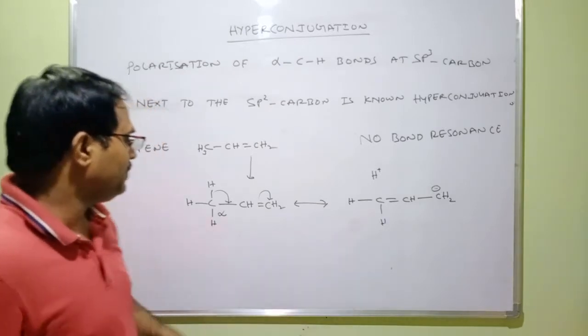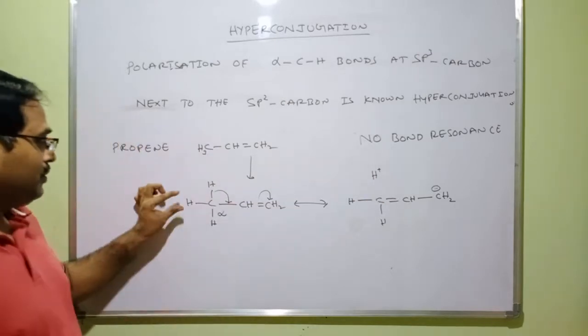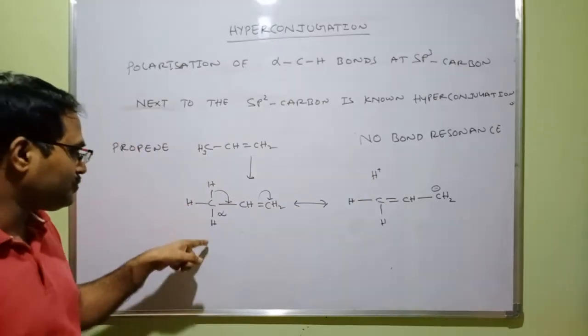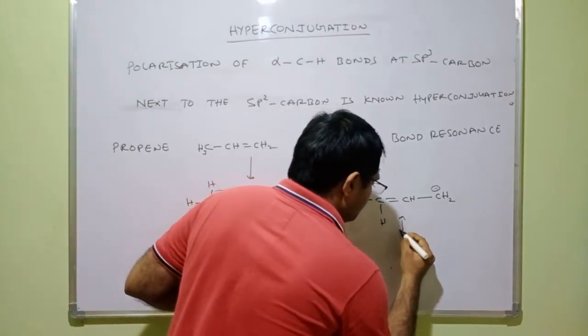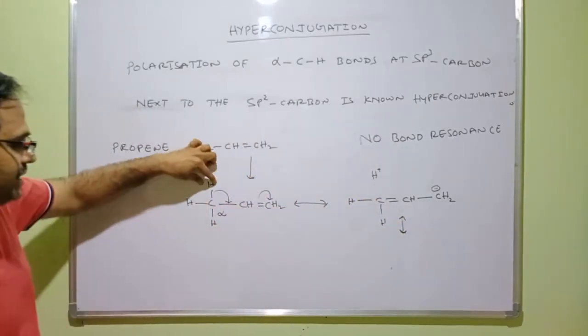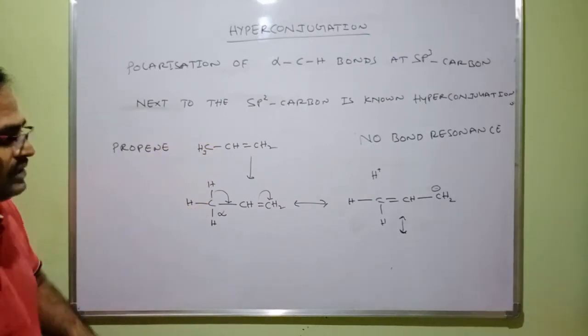So this is one. If you use this bond, you will get this hyperconjugated structure. You can also use this one, or this one. So I will write one more hyperconjugated structure. You keep this hydrogen stable and use this hydrogen for the polarization.